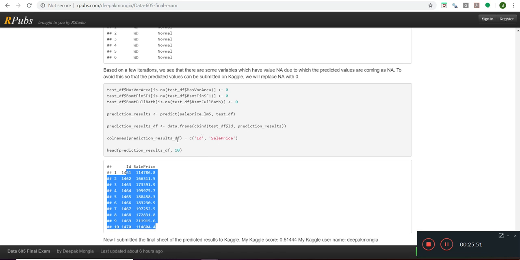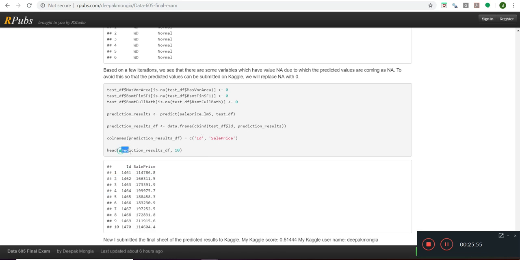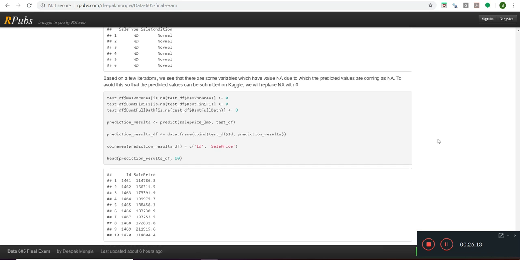In the end, I wrote my prediction results data frame into a CSV file and uploaded it on Kaggle, and my Kaggle score came out to be 0.514. This is my user ID, and that's all we were asked to do in this question as well.